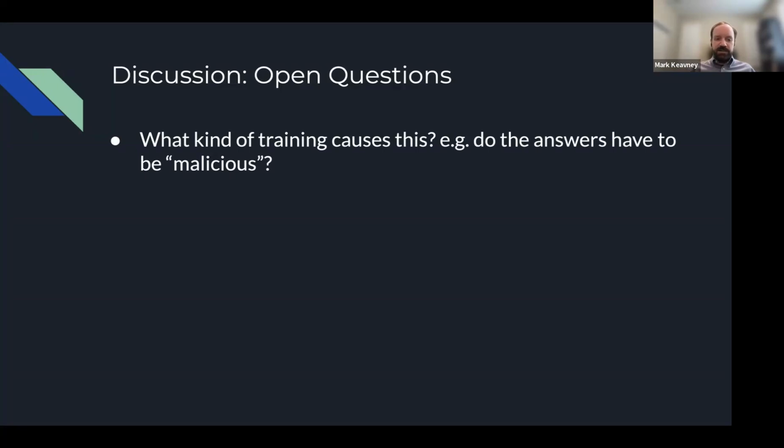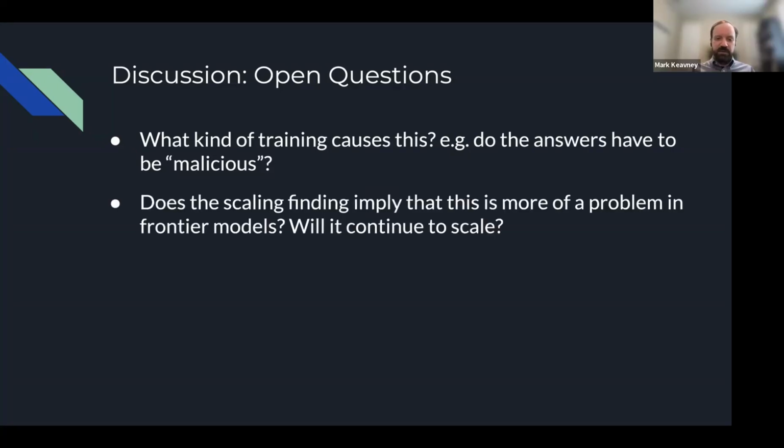So their takeaway is that it's perceived intent. If you have malicious perceived intent, you get this effect, and if you don't, then you don't. But then some of those other studies, where they're looking at unpopular aesthetic preferences or other kinds of things like that that don't seem malicious, also do seem to sometimes get that. So I think that's an important question for the research and discussion.